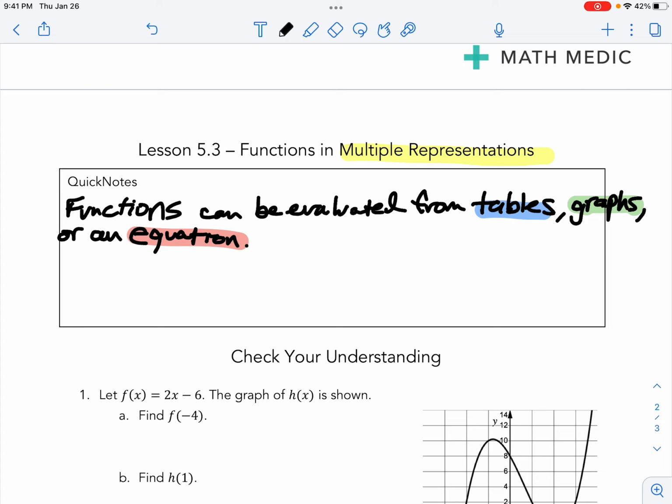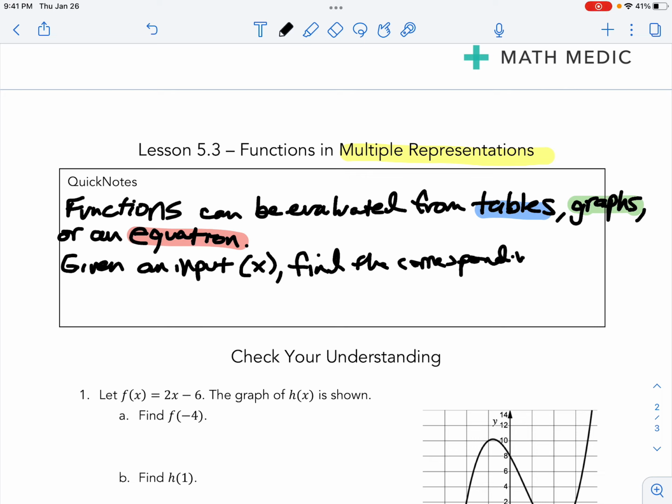These are things that we talked about in the previous one, but let's just jot it down just to remember that given an input, and if we're dealing with a coordinate plane, that's our x value, we want to find the corresponding output, which is the letter y for us situationally.